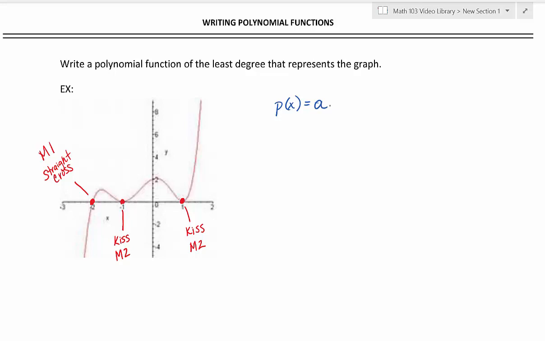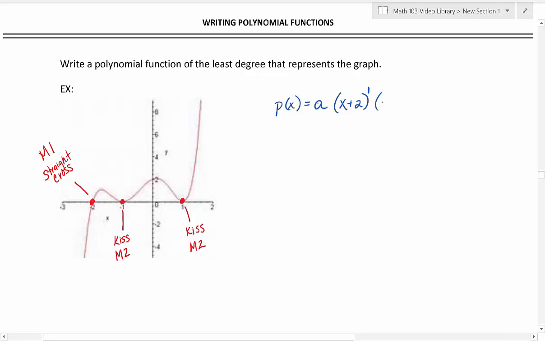Starting with our first zero of -2, the factor that goes with a zero of -2 is x plus 2. Remember, it's always the opposite sign. x plus 2, and this has a multiplicity of 1, so the factor gets an exponent of 1. Next, we have our zero of -1.